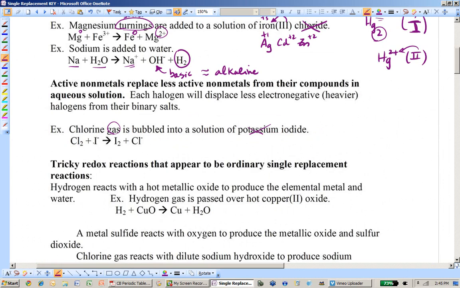So halogen plus halide yields halogen plus halide. They basically, one replaces the other in terms of the activity series, and so this was sitting here at neutral. This had a -1 charge. So that's going to create iodine, I2, plus the chloride ion.